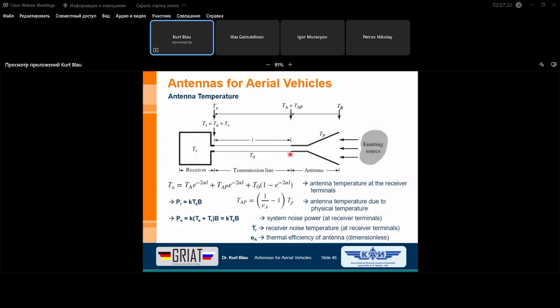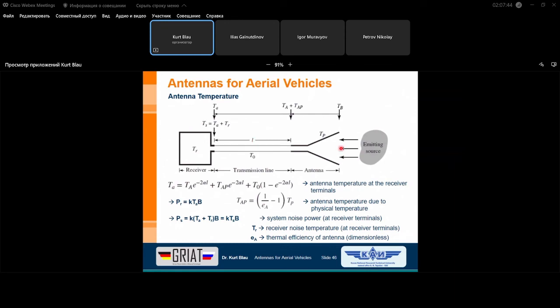Okay, we only discuss this receiver chain, from antenna input until receiver output, given with the overall noise figure, or with the overall equivalent noise temperature of this receiver chain. Okay, let's start with the antenna.